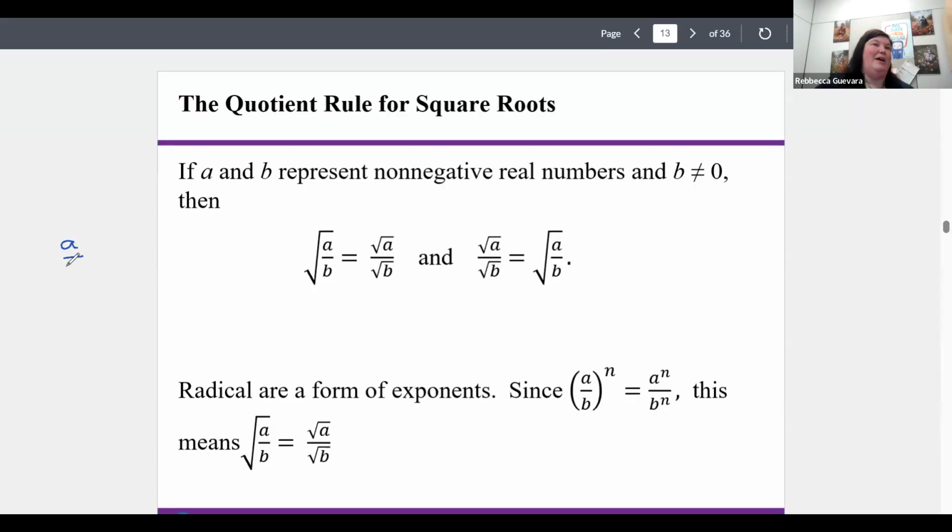And once again, this goes back to rules of exponents. If I have A over B to the power of n, then we can distribute that n to the top and to the bottom.